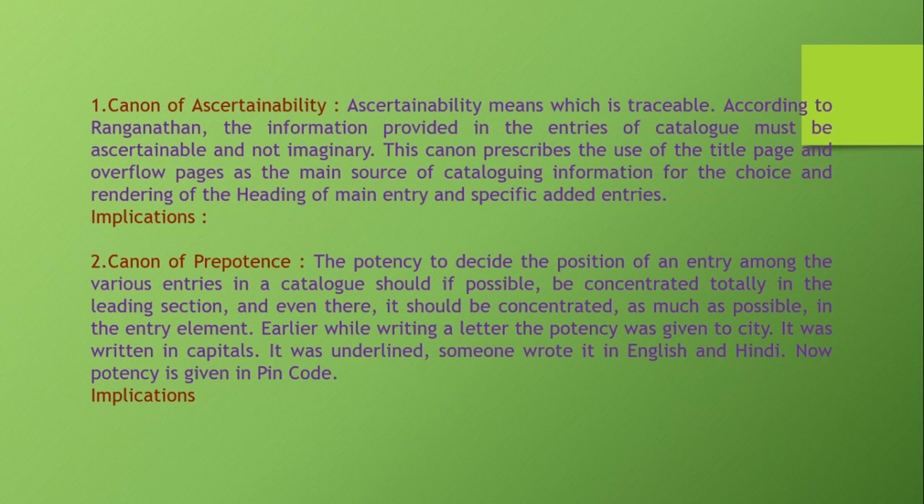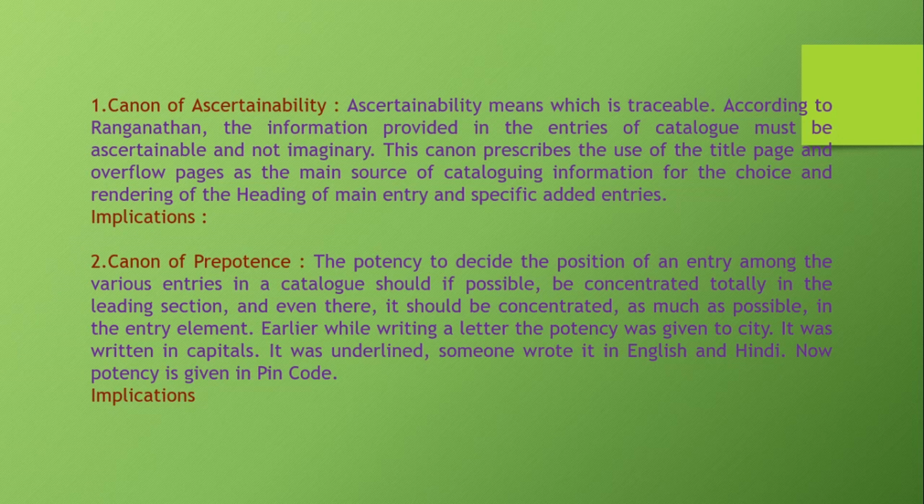Implications of Canon of Ascertainability. Classified Catalog Code (CCC) fully regards the Canon of Ascertainability. All the rules make provision to prepare the entry under the heading available on the title page. CCC prescribes rules for the choice of a heading.